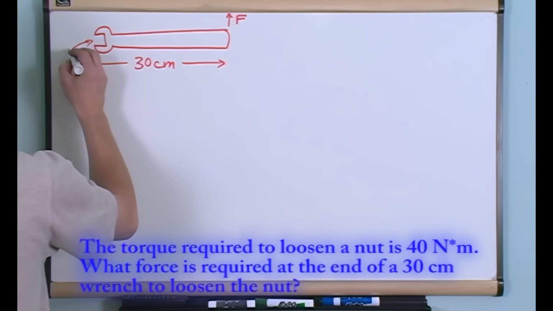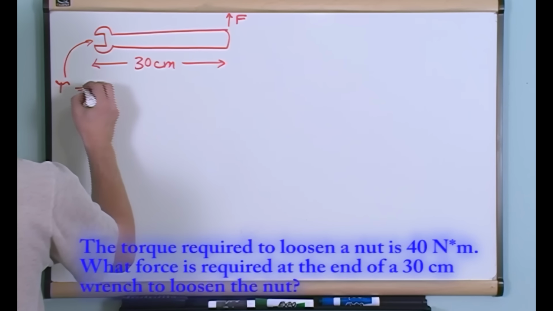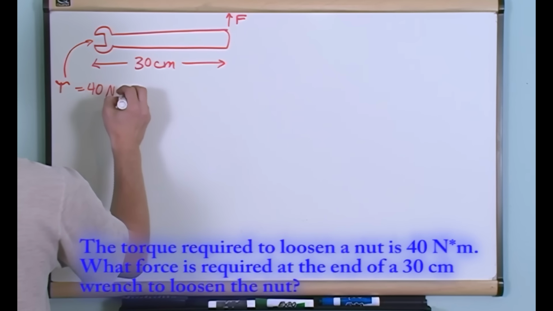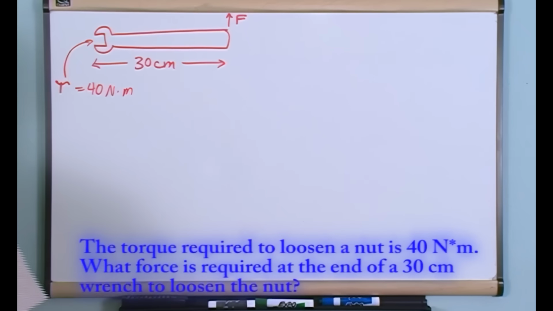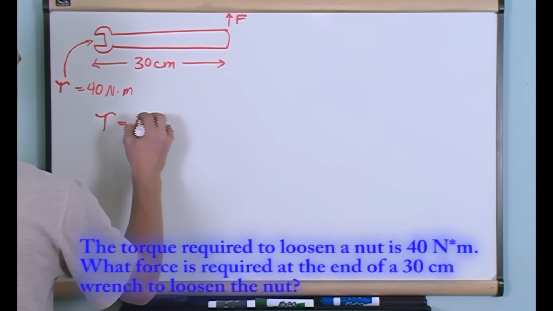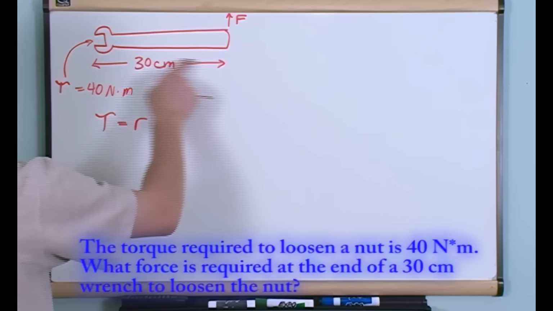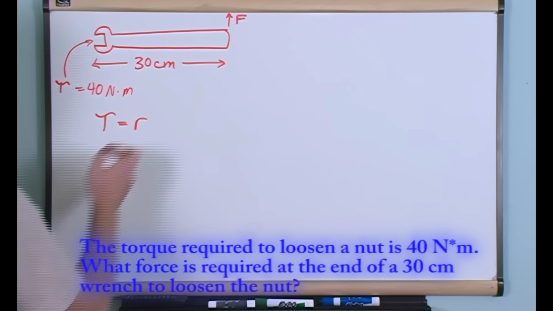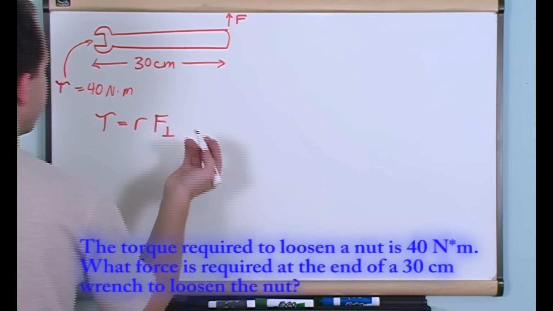First thing you know is that the torque is just going to be equal to the length of the wrench, R, times the perpendicular force F exerted.